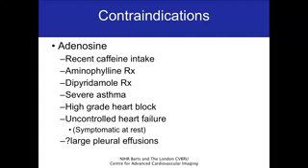Severe asthma, an asthma attack can be caused by adenosine, is a contraindication. A high-grade AV block, uncontrolled heart failure, and essentially we've got a question mark here for large pleural effusion. So if a patient can't lie flat in a magnet, then you probably can't do the MRI study, and also the patient probably doesn't appreciate, if they just about manage to hold their breath, that you give them adenosine if they're pretty unwell in the magnet already.